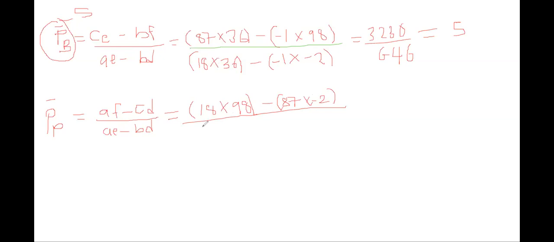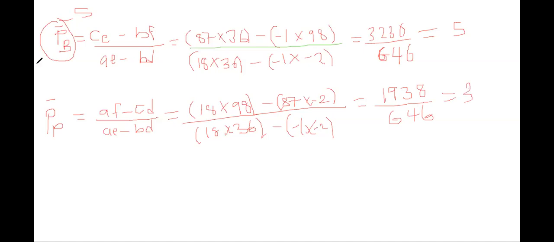So we just bring this down here. 18 times 36 minus, in bracket, minus 1 times minus 2. So we will have something like 1,938 for the numerator when you do the operation. Obviously, the denominator will be 646. So this will give us 3.